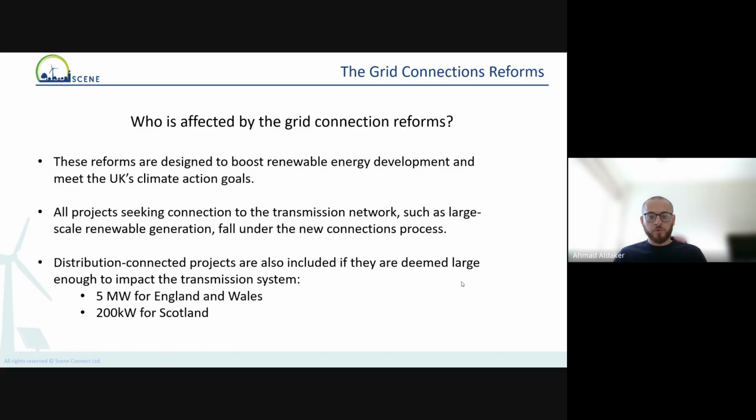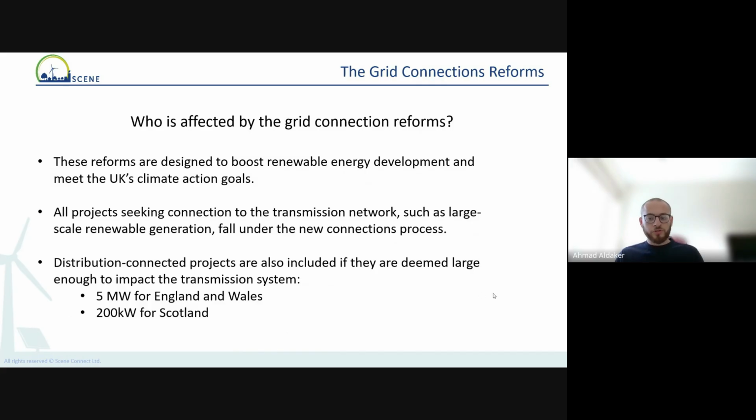So the reforms put forward by NESO are designed to boost the growth of the renewable energy sector and meet the UK's clean power goals. So projects deemed vital to these goals, to maintaining grid stability, and to reducing grid constraints, will be enabled.